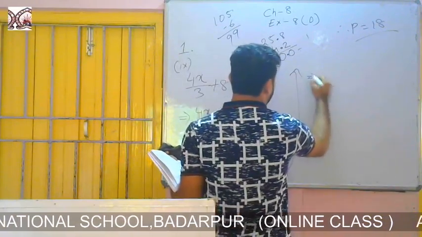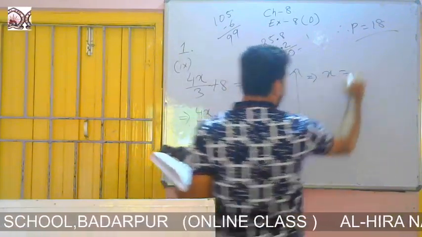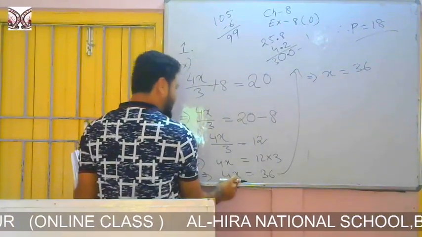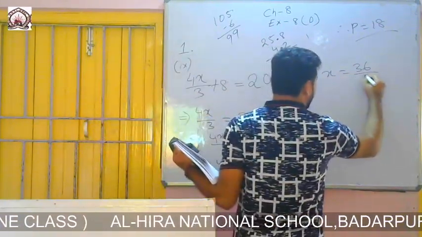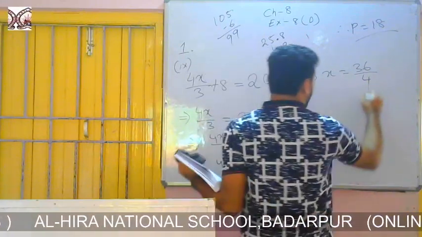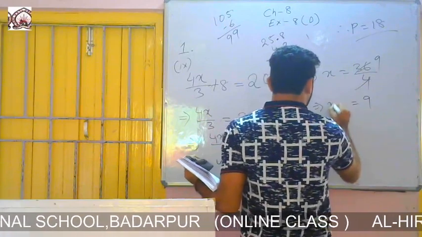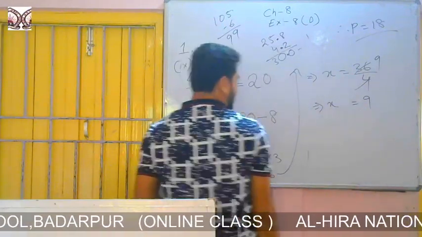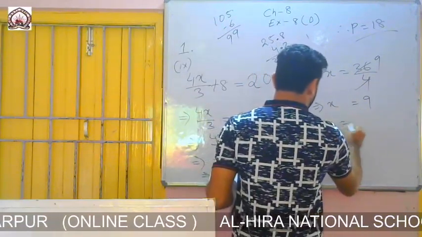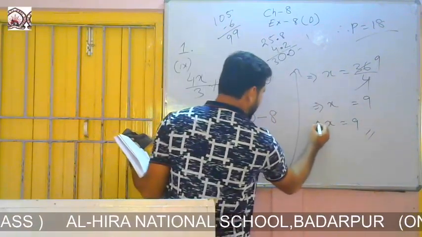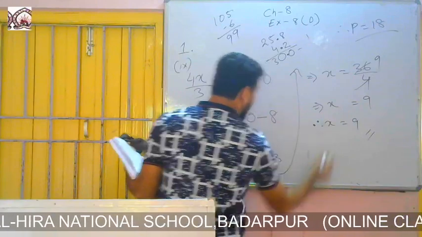Then I can write x equals 36 by 4, because here 4 and x are in relation of multiplication. So if I take it to the right side, it will become division. Then 4 9s are 36. Then x equals 9. Therefore x equals 9.